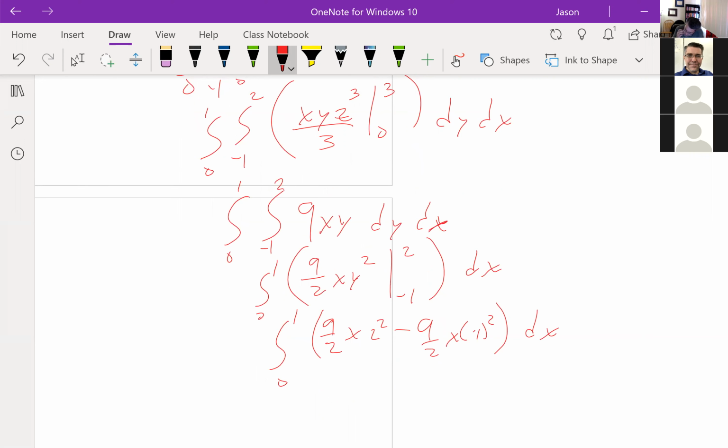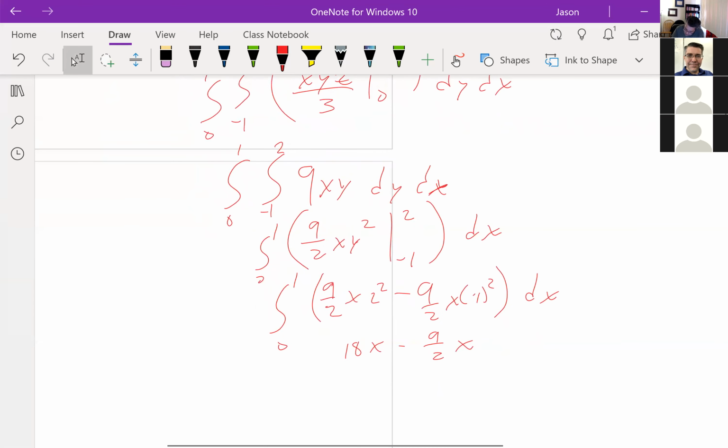From 0 to 1. So this is going to be 4 divided by 2 is 2, so 18x minus 9/2 x. So this is going to be 36 minus 9, that's 27 halves x.